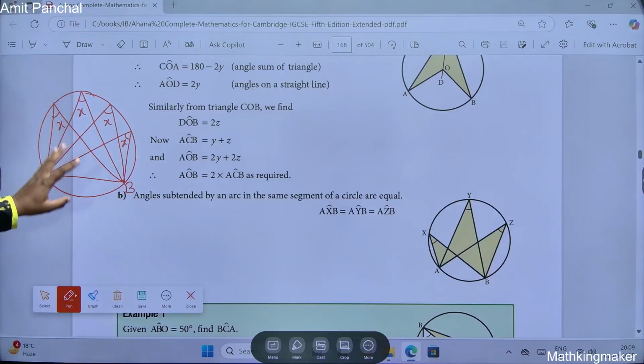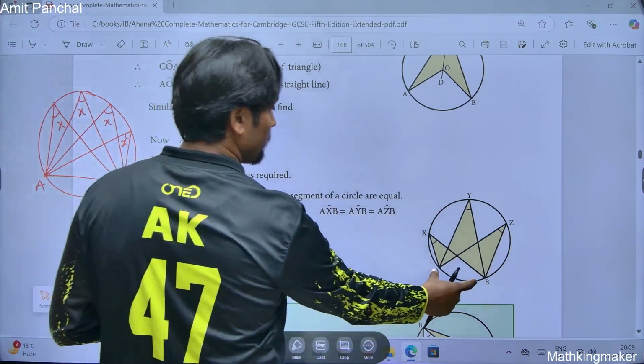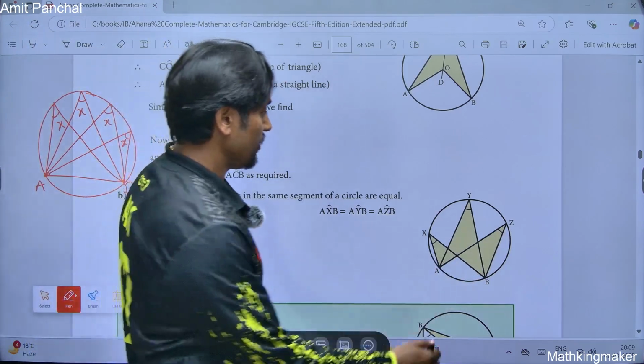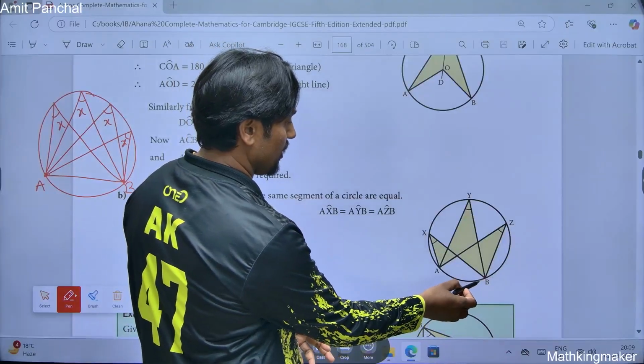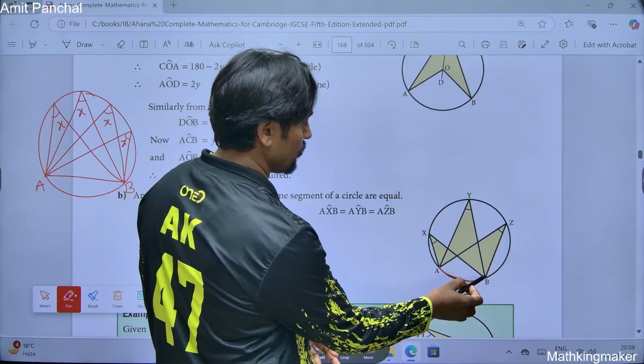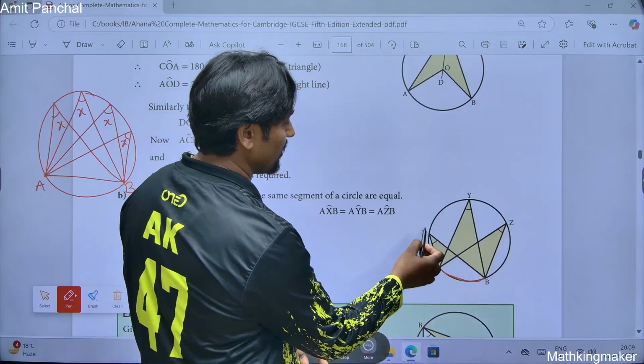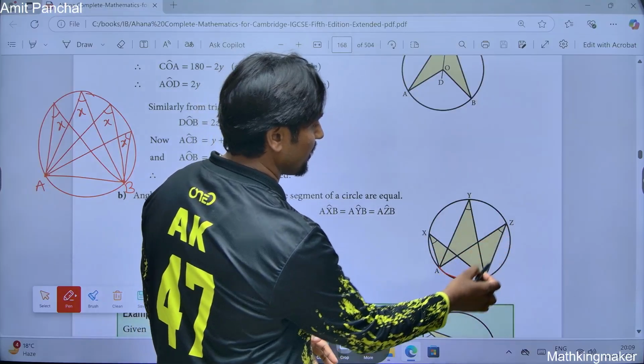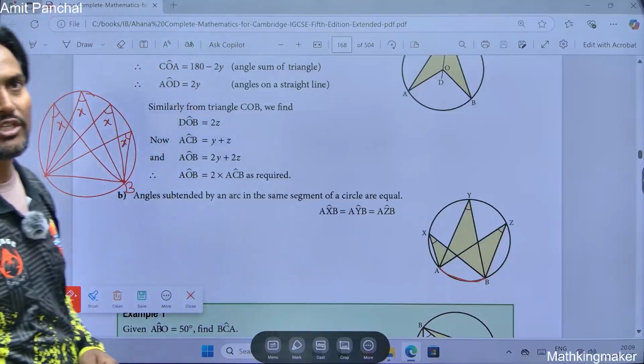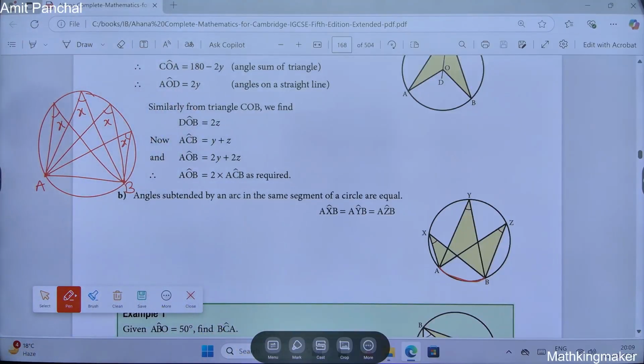That is the meaning of this theorem. Understood? Now you can see here, this arc AB is subtending an angle y, AB is also subtending an angle x, AB is subtending an angle z. These three angles will be equal.